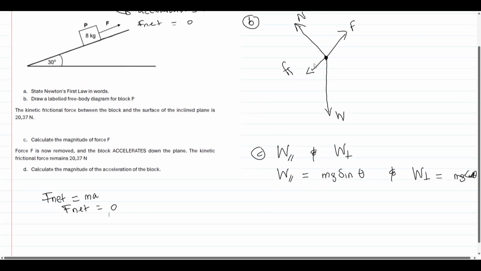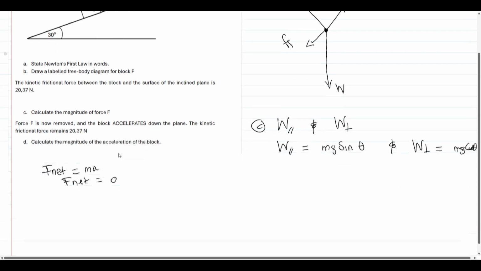There are three forces acting here: the force that is applied, the frictional force, which is acting in the opposite direction with respect to the force that is applied, and the parallel gravitational force, which is also acting in the opposite direction to the force that is applied.